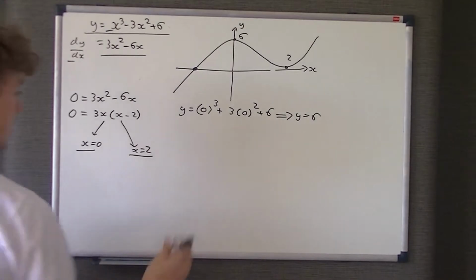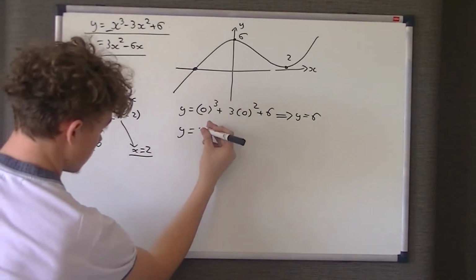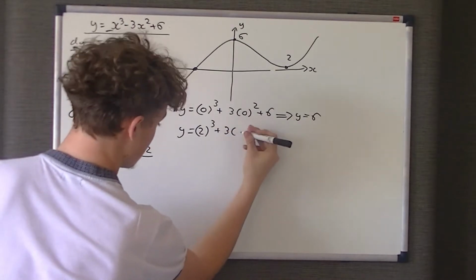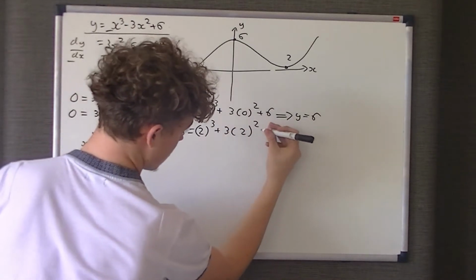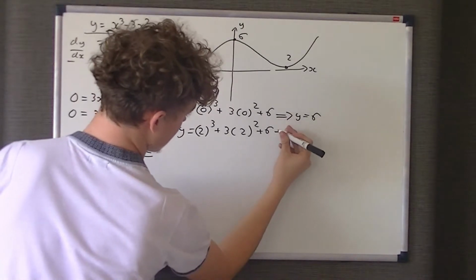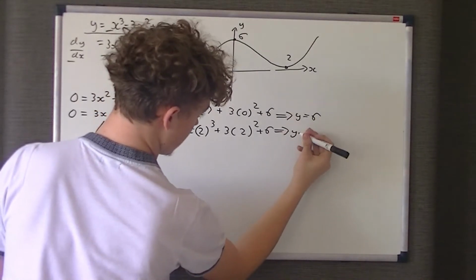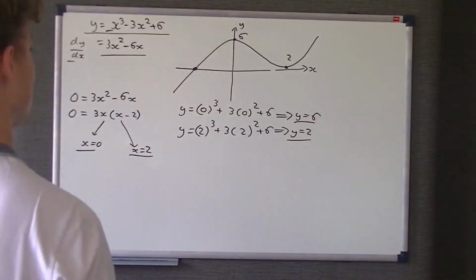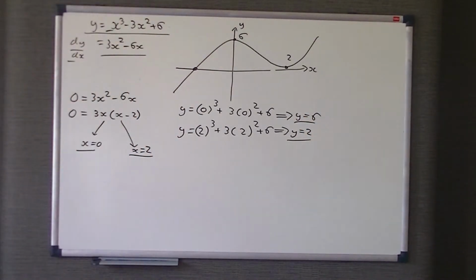And we put 2 into the equation: y equals 2 cubed, take 3 times 2 squared, plus 6, therefore y is equal to 2. Hopefully this seems okay so far.